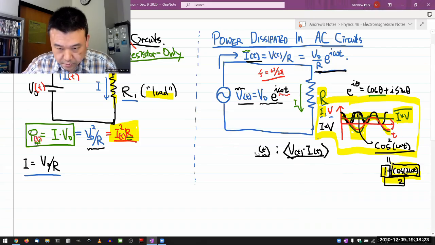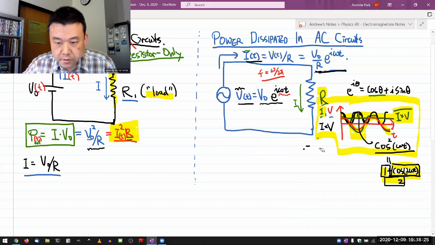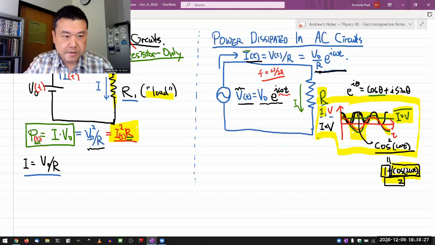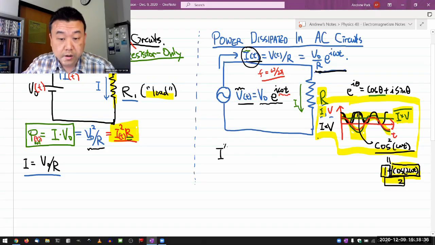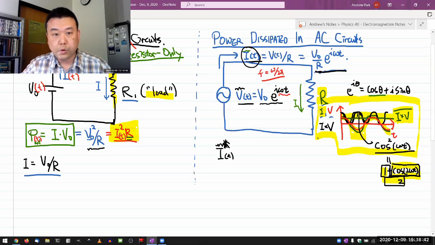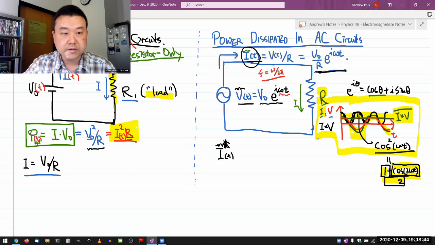So let me erase all of that. If you compute this quantity specifically, let me choose current to take the complex conjugate of. So for the current complex function, I'm going to be dealing with a complex conjugate. And as a quick review reminder, this is what I mean by complex conjugate.